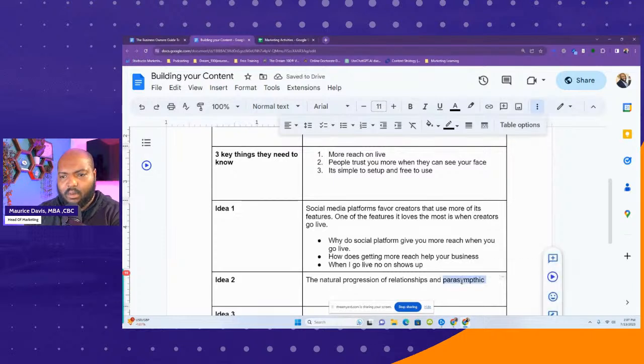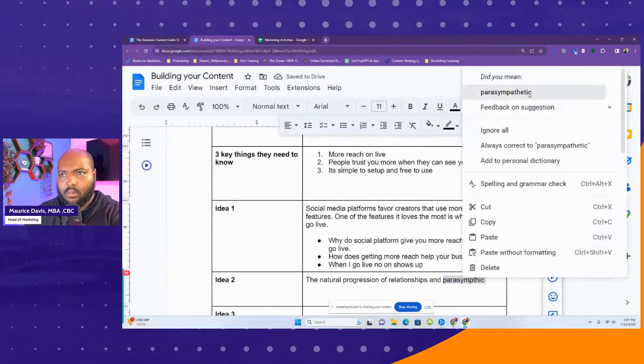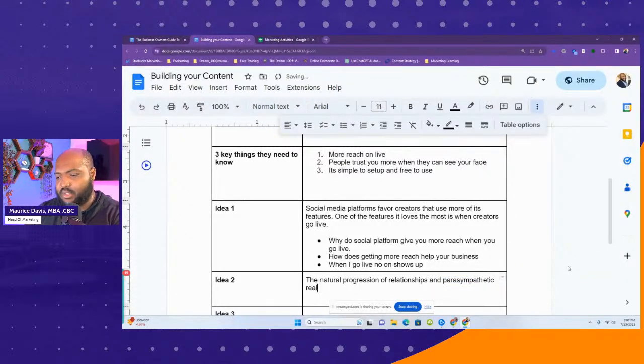I'm pretty sure I spelled that wrong. Parasympathetic relationships.